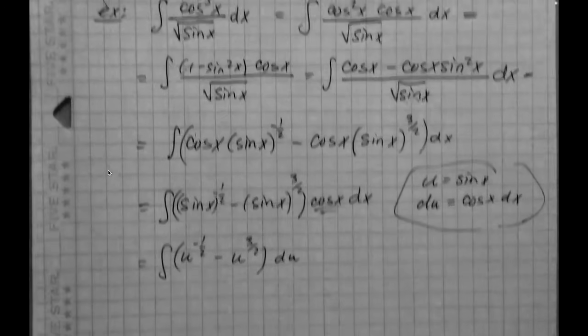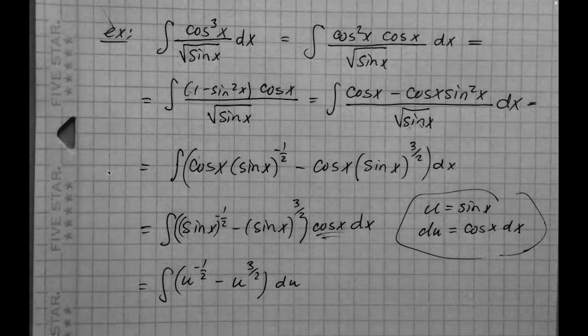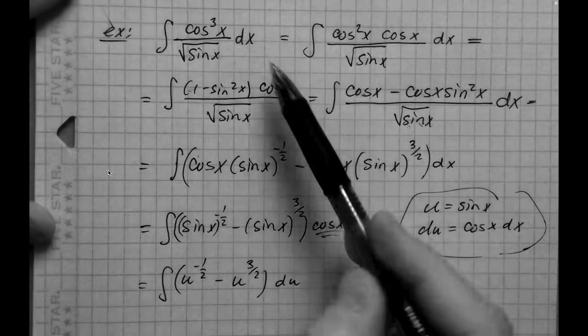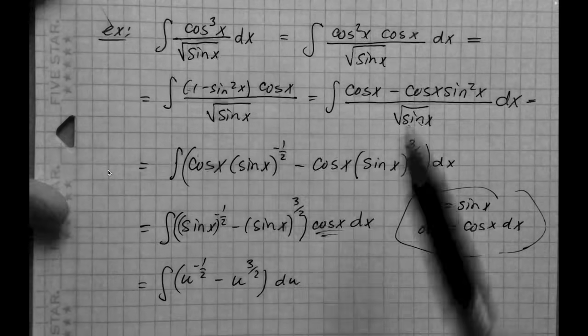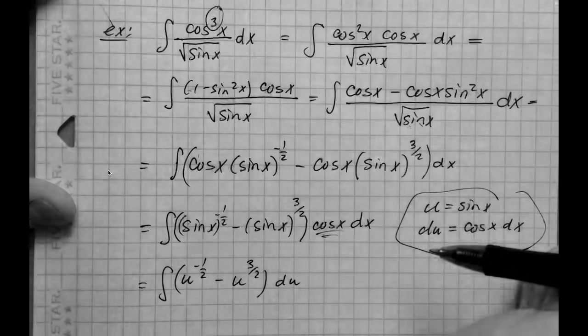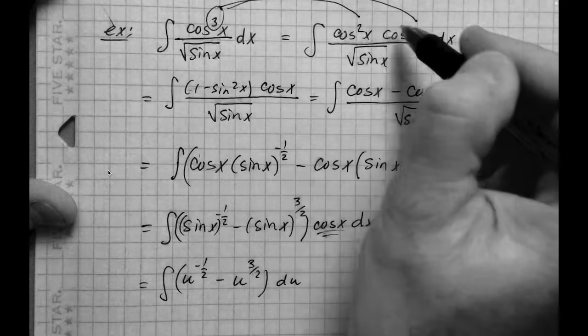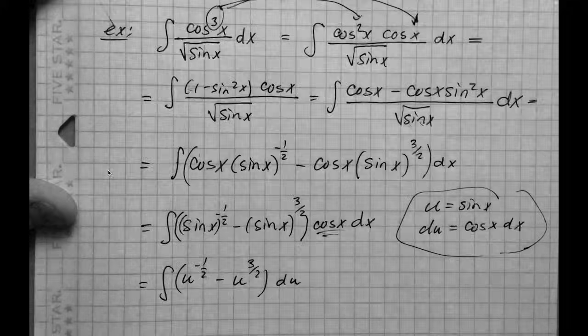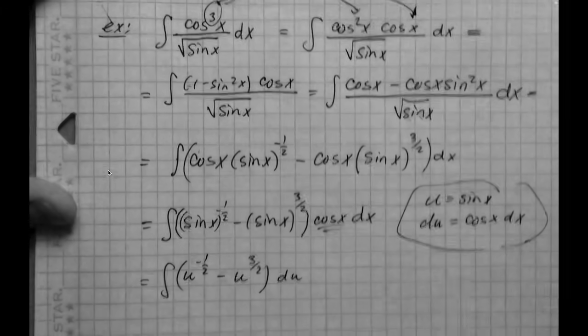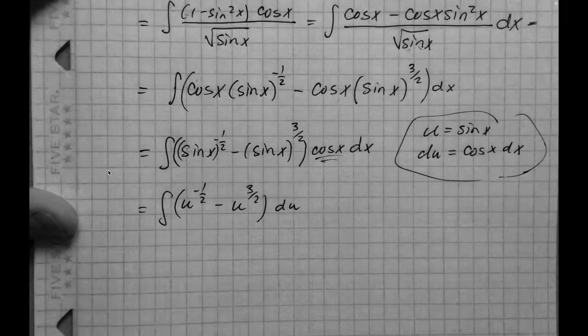This isn't something you'd probably just stumble into. Really the main trick here is just taking this cosine cubed and breaking it up into these two pieces. When you do that, it sets the stage for pretty much everything working out.